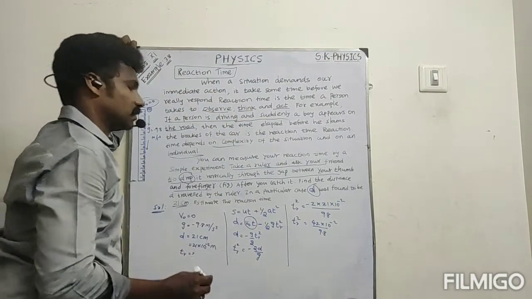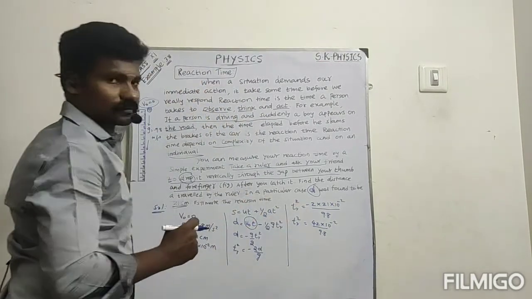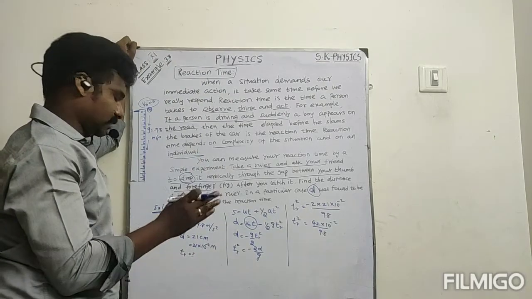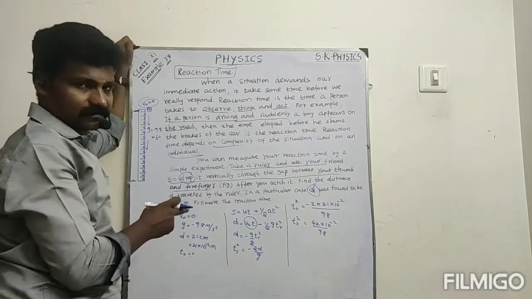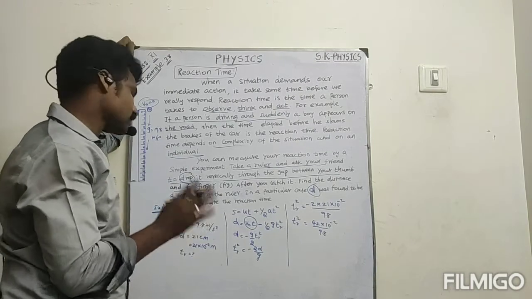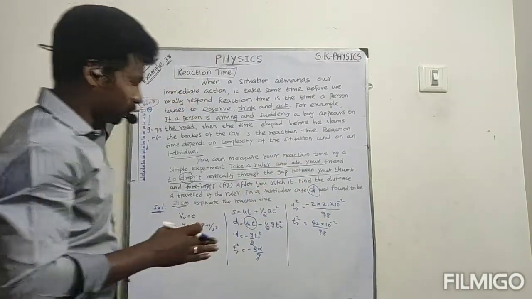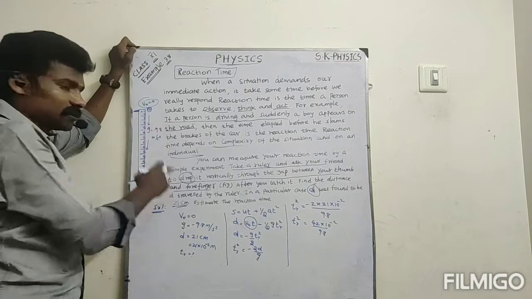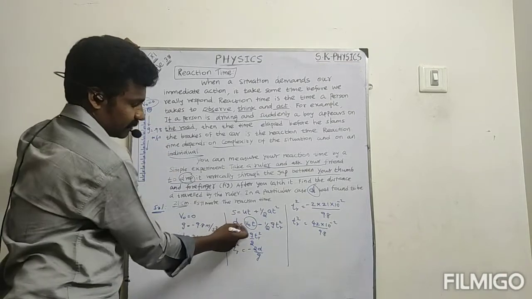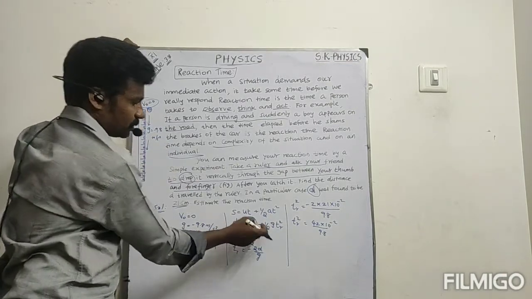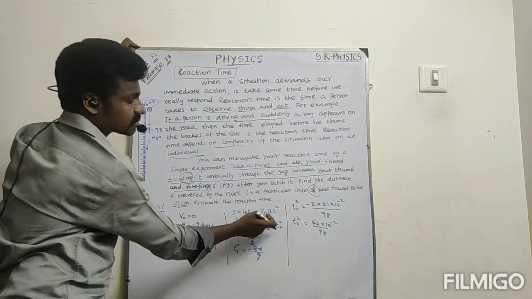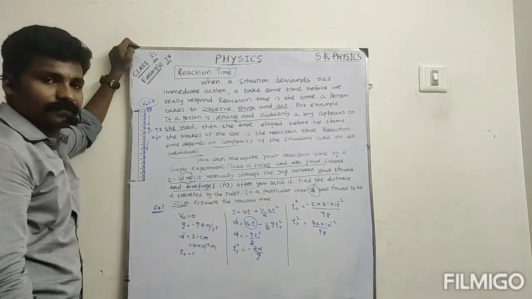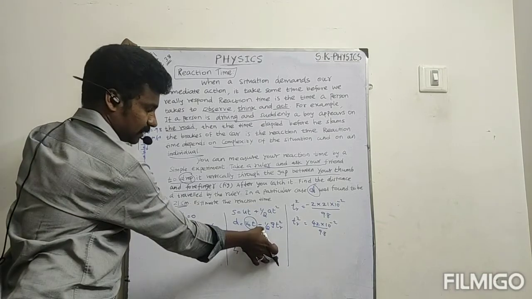Here the negative sign will come. That negative sign is due to the acceleration. Or otherwise we can do one more way. If the object is moving in the downward direction, generally we can write the equation as d is equal to ut minus half gt squared. So here the minus is already in the equation.